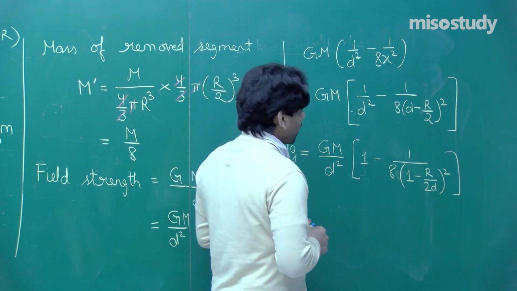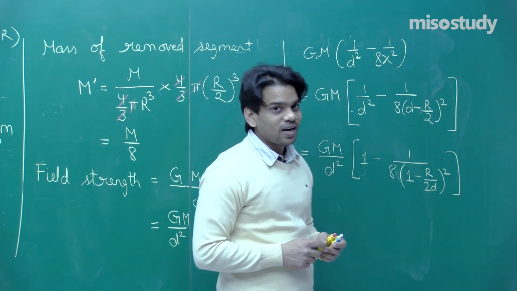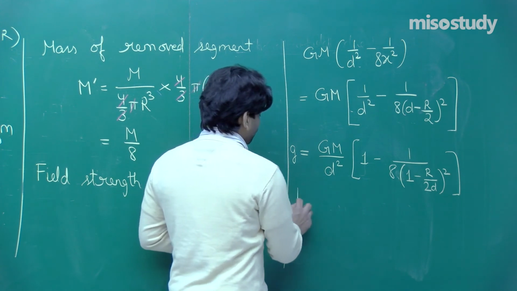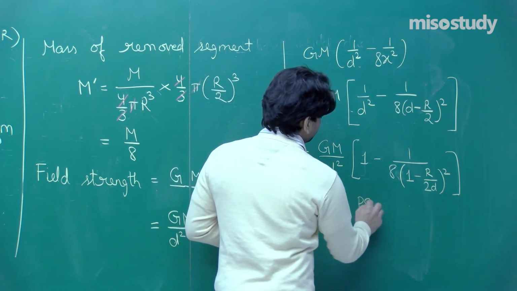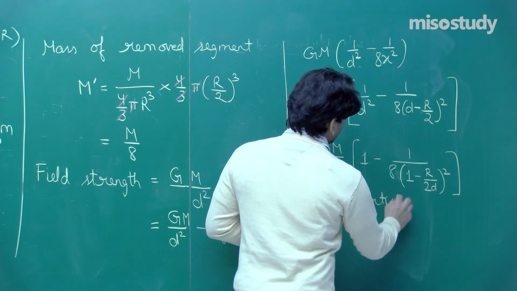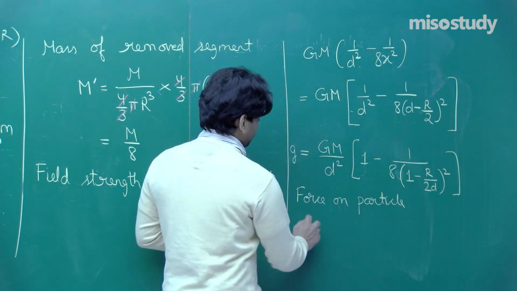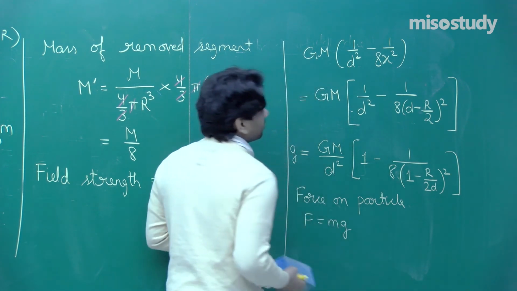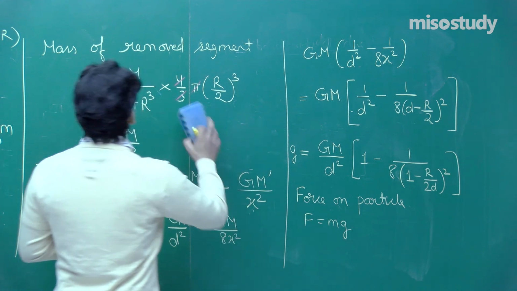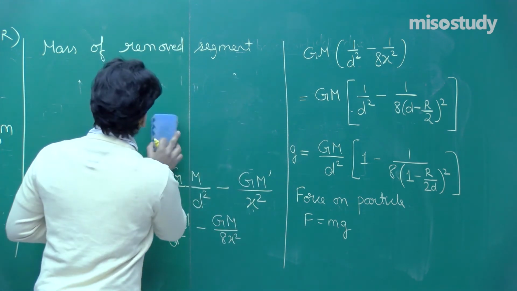Now we are required to find the value of force on this particle of mass small m. So force on the particle will come out by multiplying m into small g.